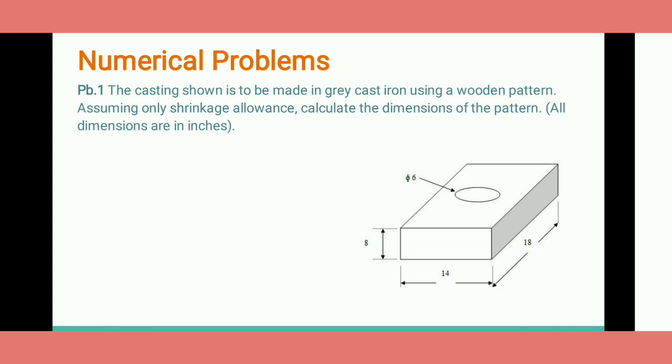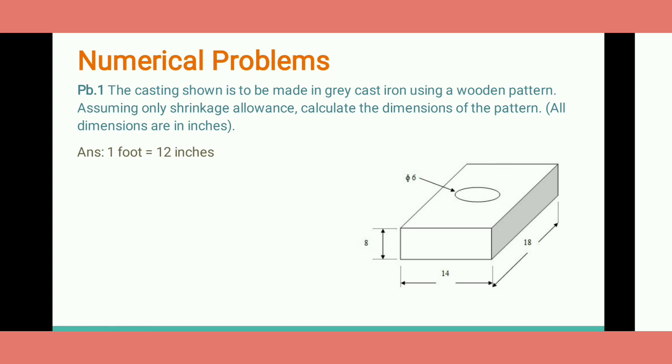So first of all, in the previous slide for gray cast iron, we know that up to 2 feet the rate of contraction is different, and between 2 feet and 4 feet the rate of contraction will be different. So first we have to find out what these dimensions are in feet. The conversion is 1 foot equals 12 inches.